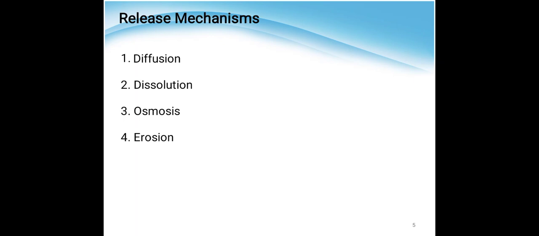Let us have the fourth mechanism through which the drug is released, that is erosion. The question arises, what exactly is the meaning of erosion? A degradation of the exterior surface. Generally, degradation of a surface or degradation of anything is called erosion. How exactly is this erosion responsible for releasing? As we know, a core material is surrounded by a coating material, and once the degradation of the coating material takes place, it may lead to the release of the core material, that is your active ingredient.